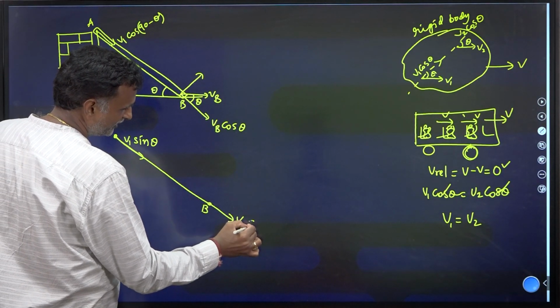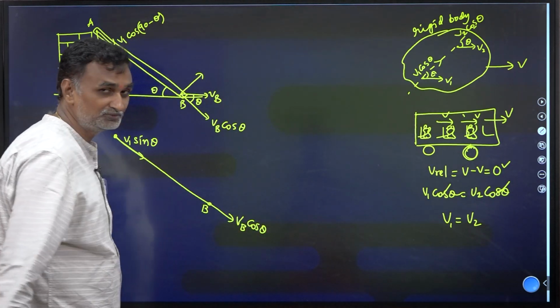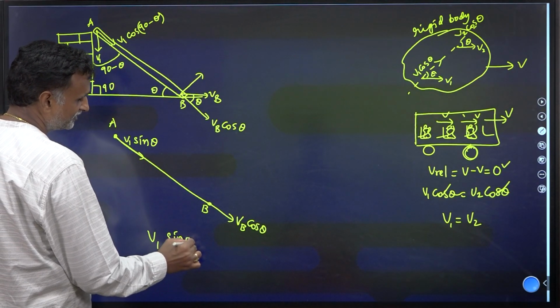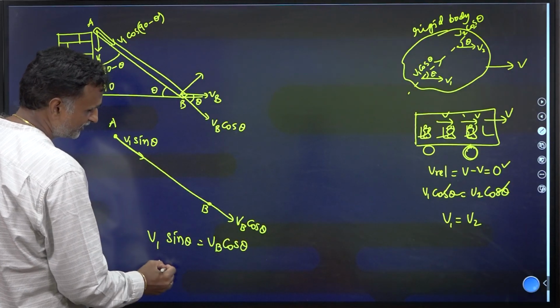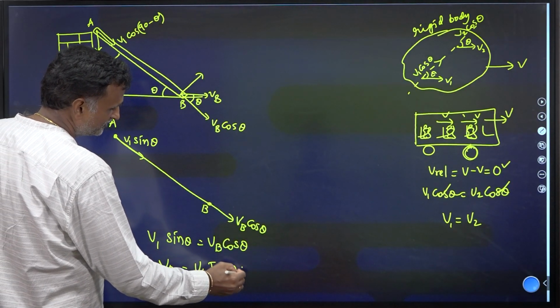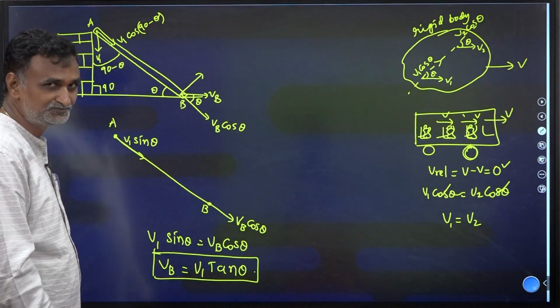VB cos theta. So these both must be equal. So we can take V1 sin theta equal to VB cos theta. Finally, VB equals V1 tan theta. This is the answer.